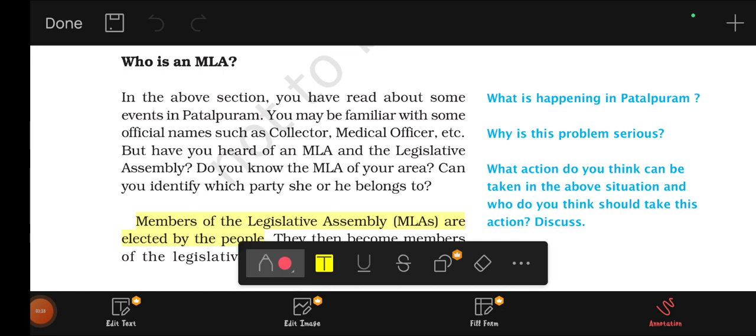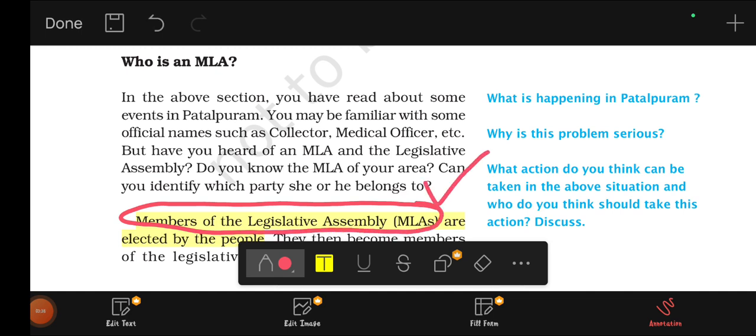MLA simply means a member of the Legislative Assembly, and he is the representative of people.